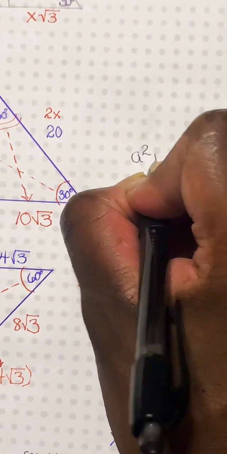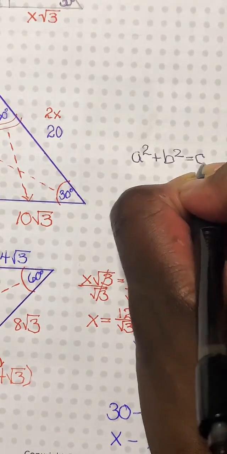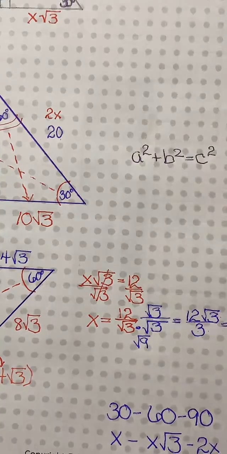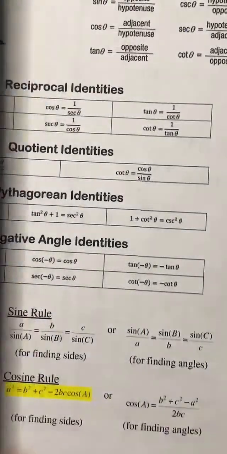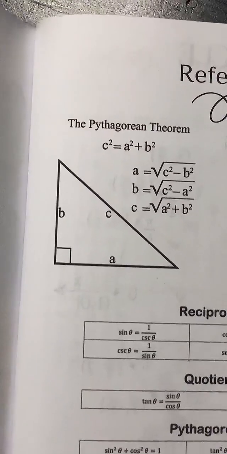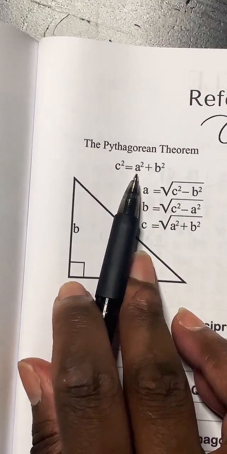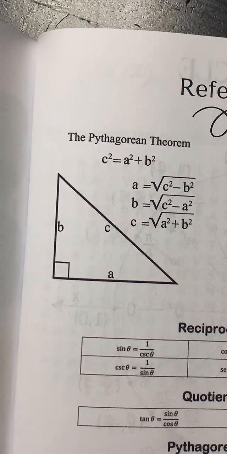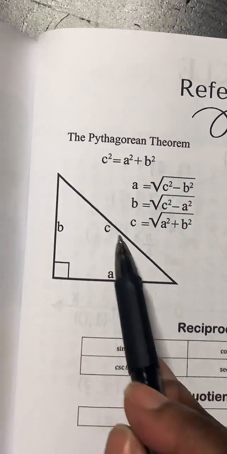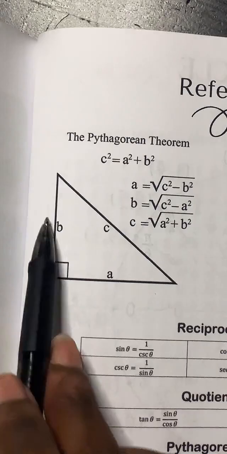So we have our a squared plus our b squared equals our c squared. That's the Pythagorean theorem. Some people like to say c squared equals a squared plus b squared. But no matter what, your c squared is your hypotenuse, and a and b are your legs.